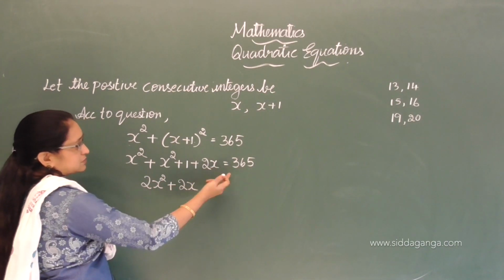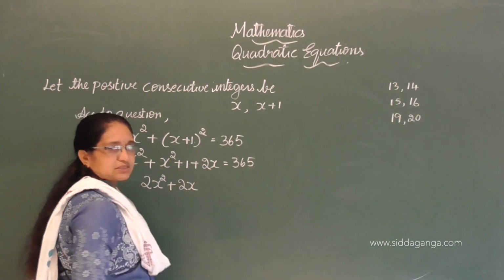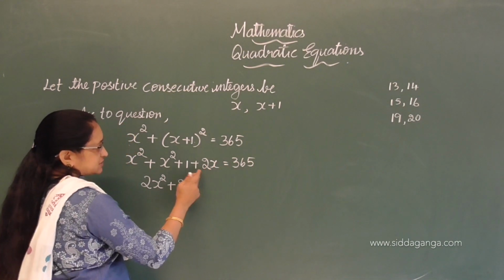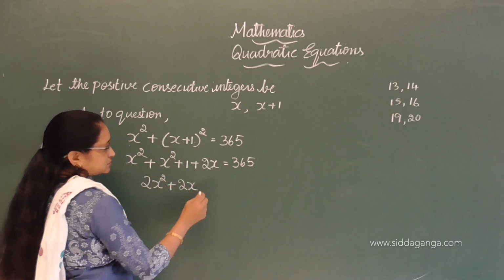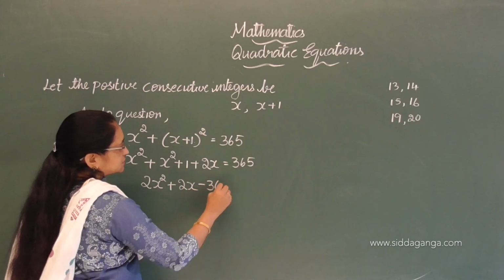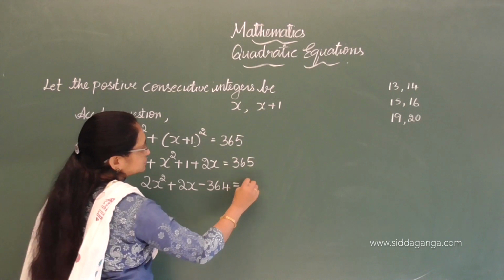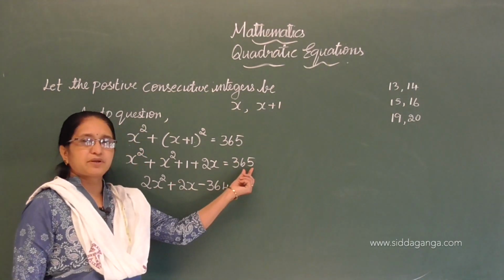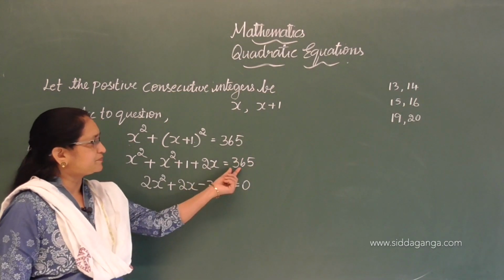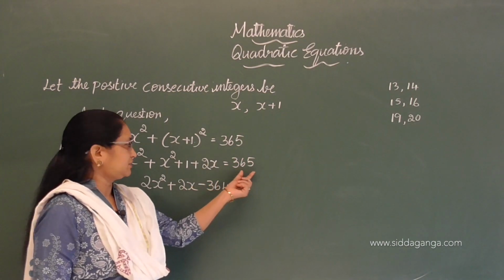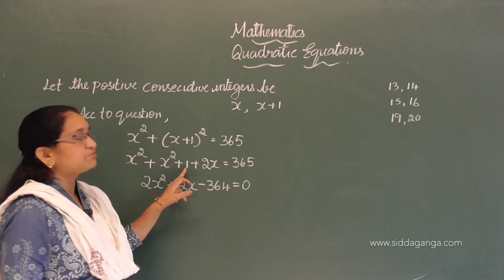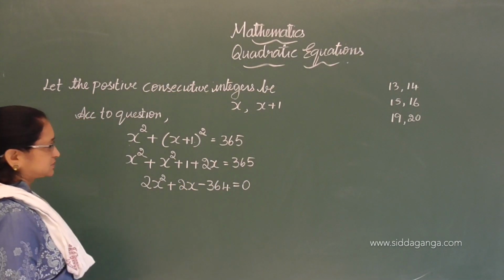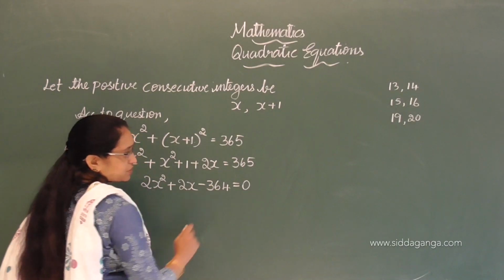When you bring 365 to the other side by transposing, it will become minus 365, and plus 1 minus 365 gives minus 364, equal to 0. So this is the equation we got.